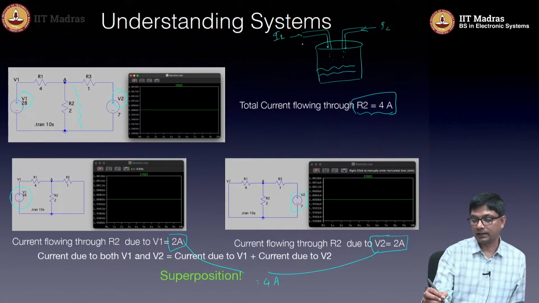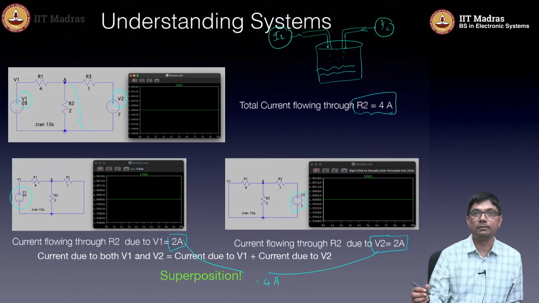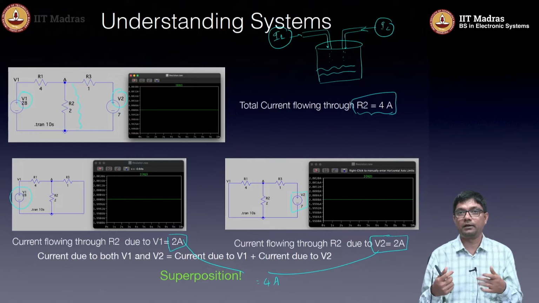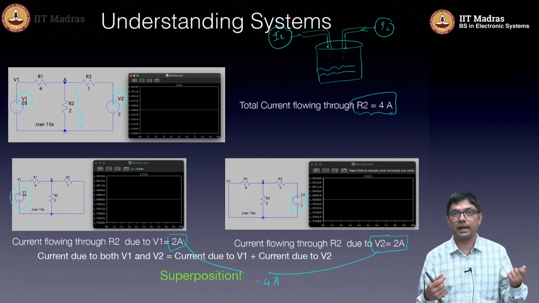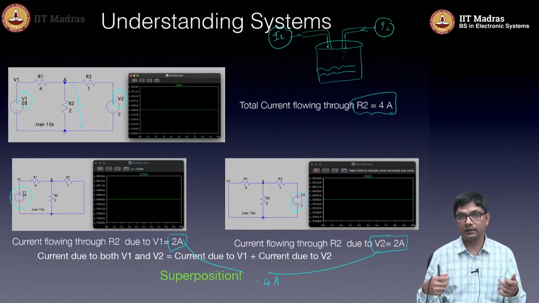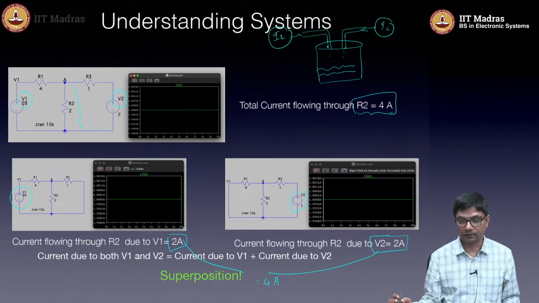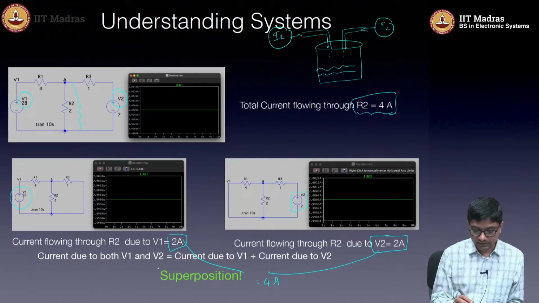The total water will be the net water supplied by Q1 and the net water supplied by Q2. So if I have both taps on together for a minute, or I switch on tap 1 for a minute and tap 2 for a minute, the net effect will be just the sum of both of them individually. So a similar thing is happening here, right?